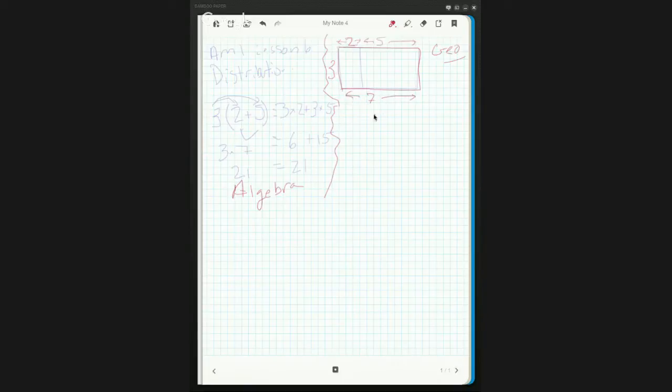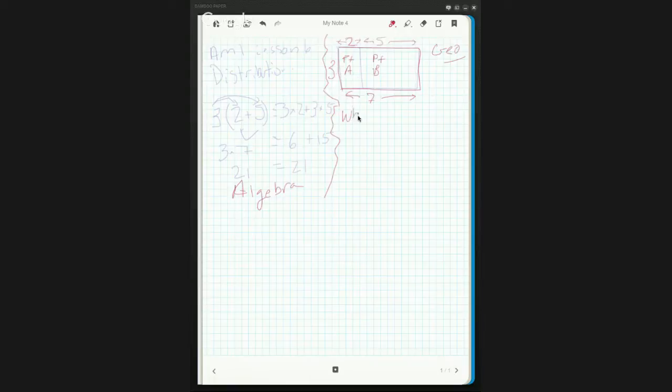Okay? Now the question is, is the area of this whole rectangle equal to the sum of the 2 parts? So if I take part A and I take part B, the whole rectangle's area should be the same as the area of part A plus the area of part B. And that just makes sense. The sum of the whole is the sum of its parts.